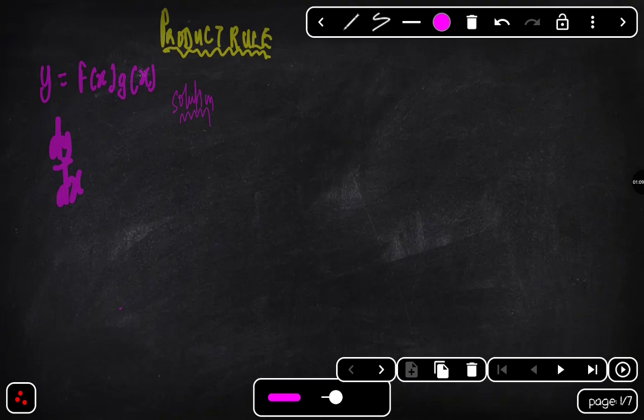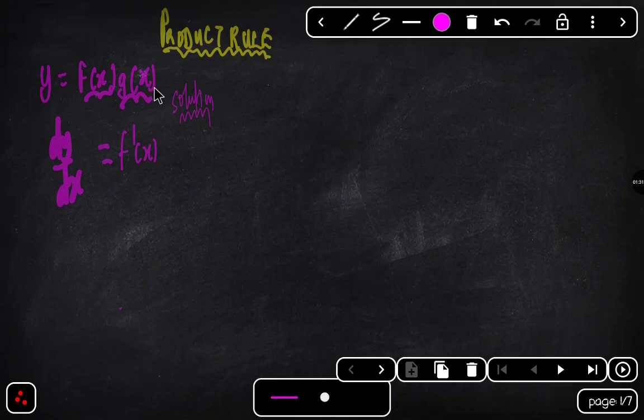So dy/dx, or y prime of x, is equal to, this is what you're going to do. You differentiate f of x, and then you fix g of x. If you differentiate f of x, you have f prime of x.